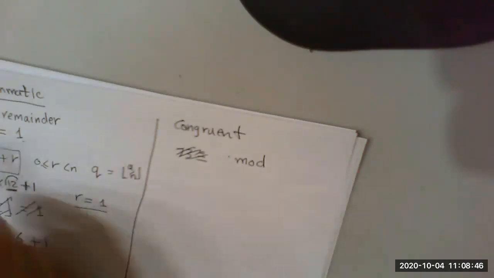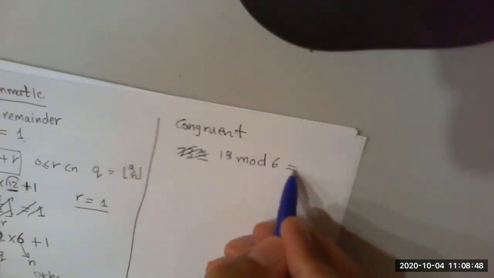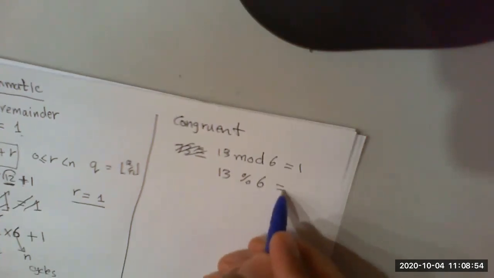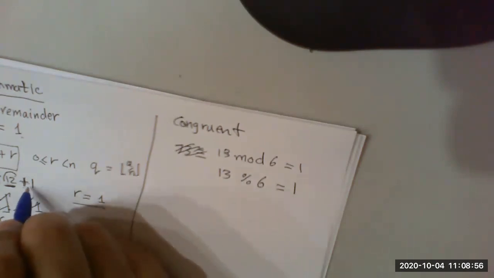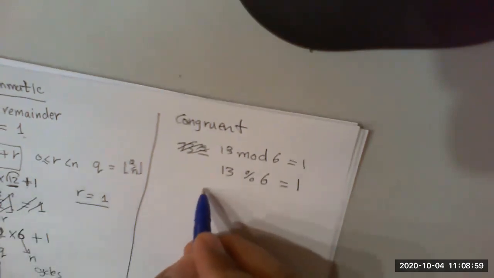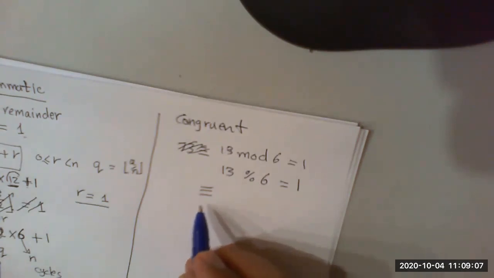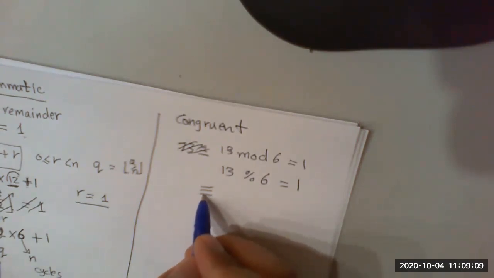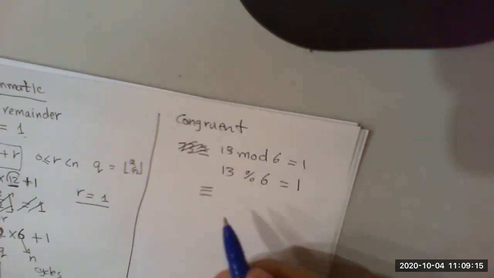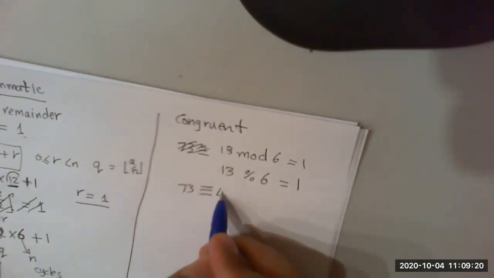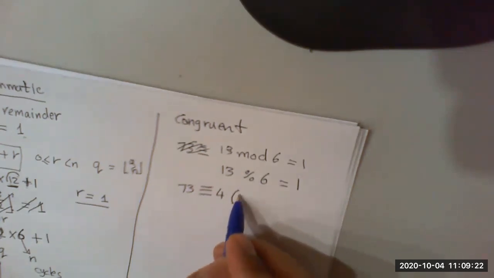As we see here, 13 mod 6 equals 1. We can use it like that. Some programming languages use it this way. But we have here another sign which is called congruent. It is 3 lines like this. These 3 lines can describe the remainder, and they can describe our remainder theorem. For example, I can say that 73 is congruent with 4, and I open this bracket and write mod 23.